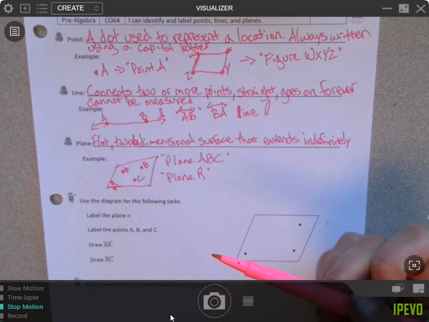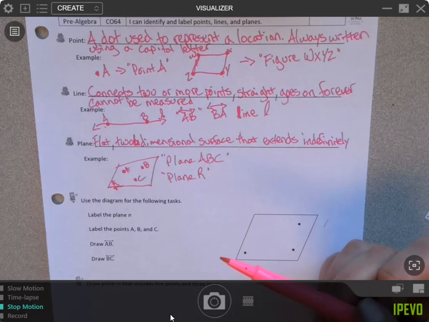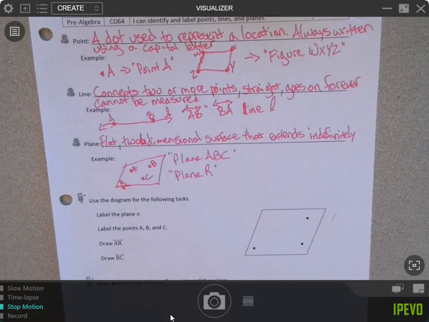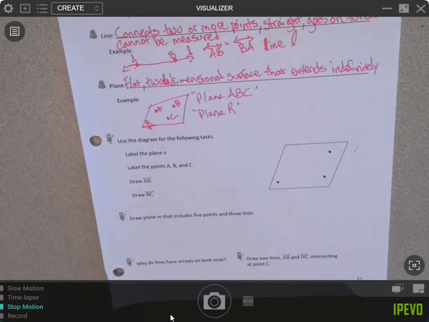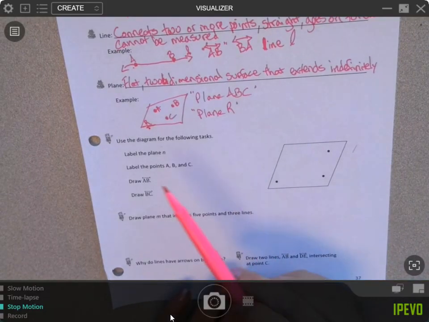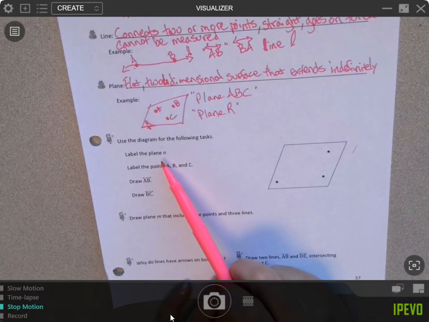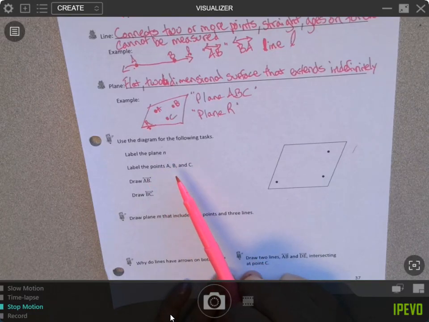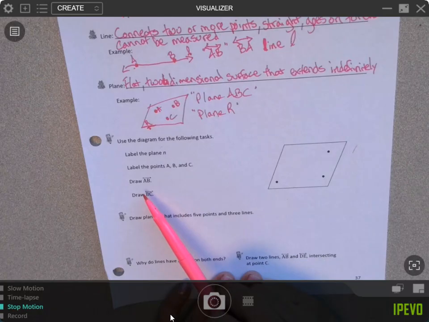Do those three different terms make sense on how we label them, how we find them? All right, so now it says use the diagram for the following tasks. Label the plane with a lowercase n. Label the points A, B, and C. Draw line AB. Draw line BC.